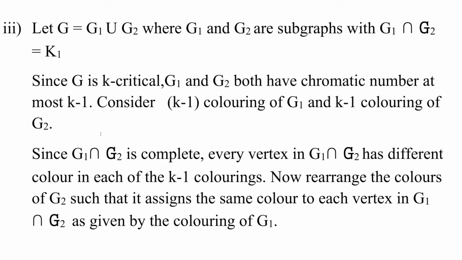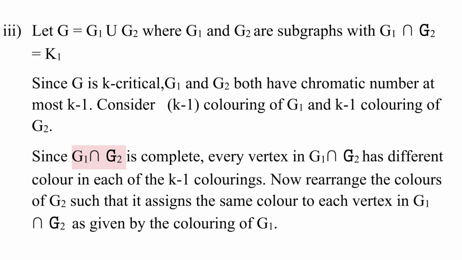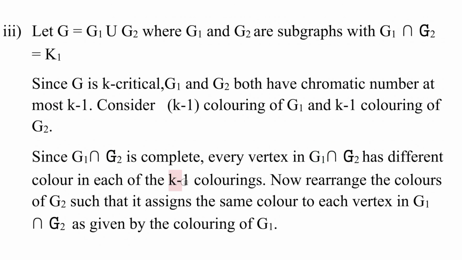For the third condition, let G be equal to G1 union G2, where G1 and G2 are subgraphs with G1 intersection G2 equal to K1. Since G is k-critical, G1 and G2 both have chromatic number at most k minus 1. Consider a k minus 1 coloring of G1 and a k minus 1 coloring of G2. Since G1 intersection G2 is complete, every vertex in G1 intersection G2 has a different color in each of the k minus 1 colorings.